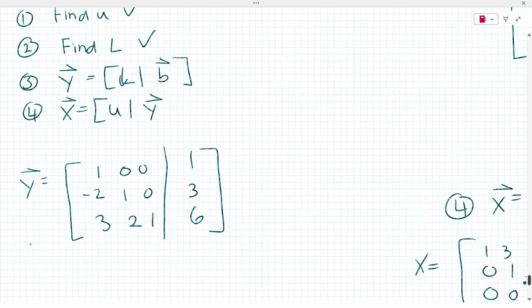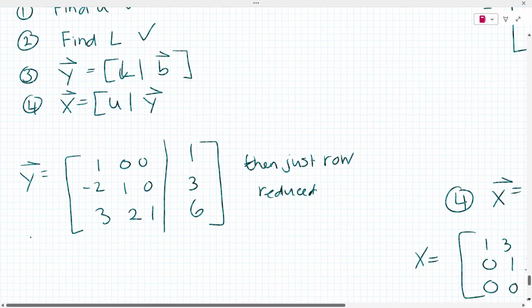Then you just row reduce. Basically make the diagonals ones, and then upper and lower triangles zeros, right?